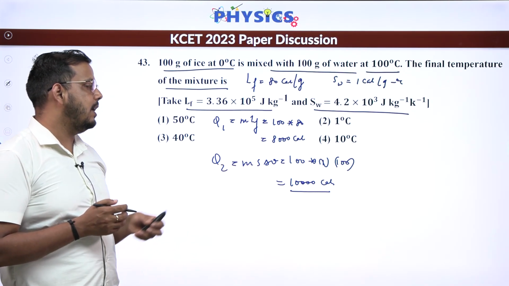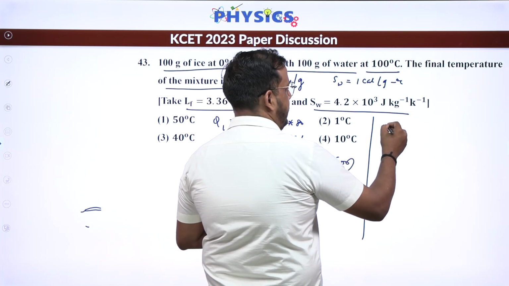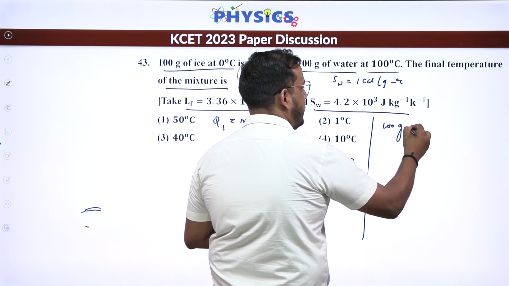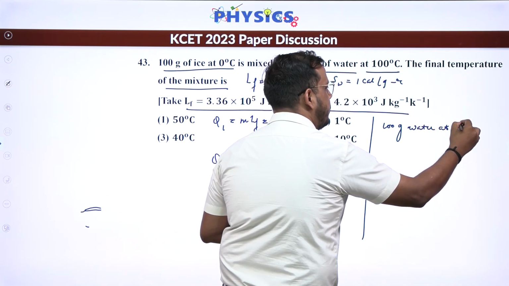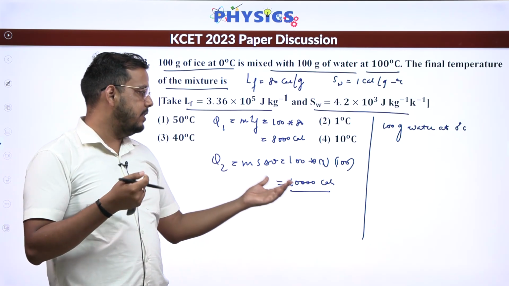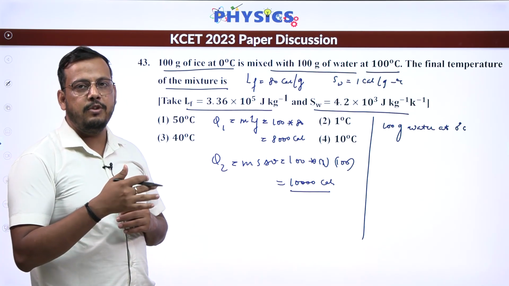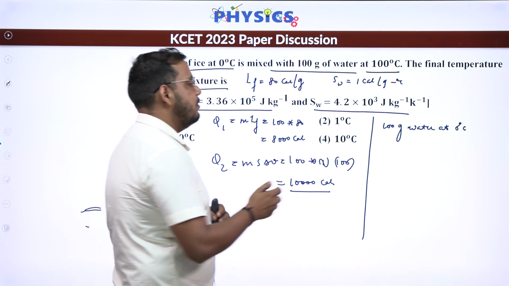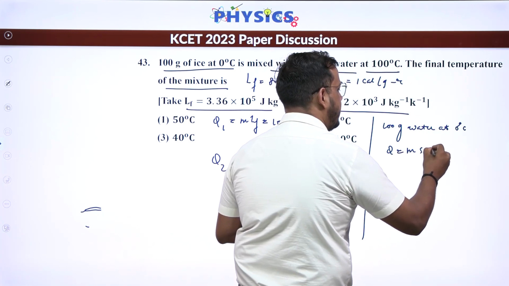Now as the ice completely melts, it becomes 100 gram water at 0 degree Celsius. And after giving the 8000 calories, at what temperature will the water come? Let the temperature of the water become theta. We will use the formula Q equals m s delta theta.